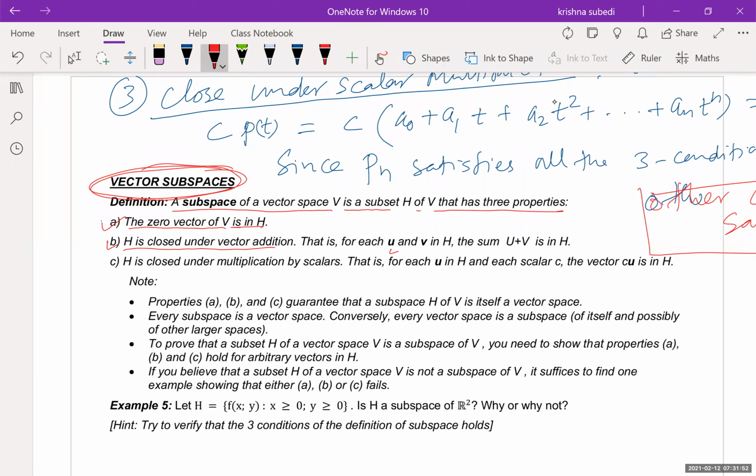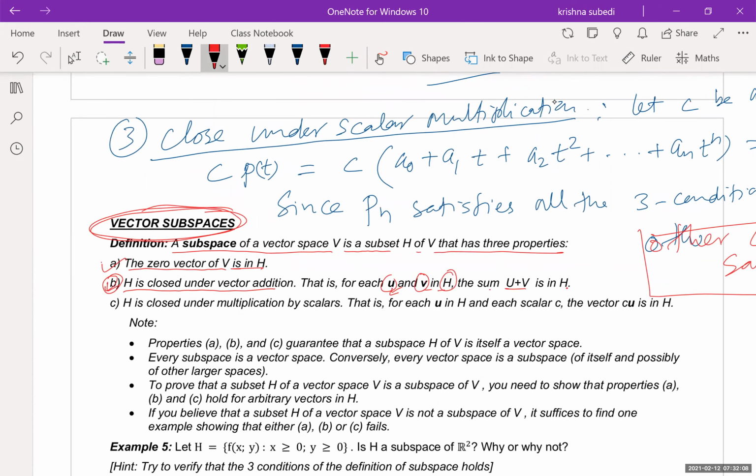That means if U and V are in H, H is a container, U and V are its objects, then the sum U plus V also belongs to H. This part is actually the condition 1 that we have seen earlier. This one is condition 4, axiom 4, zero vector. And this one is condition 6, or axiom 6.